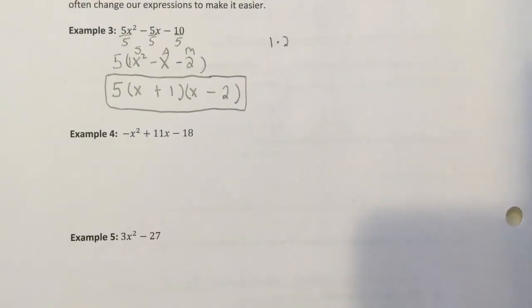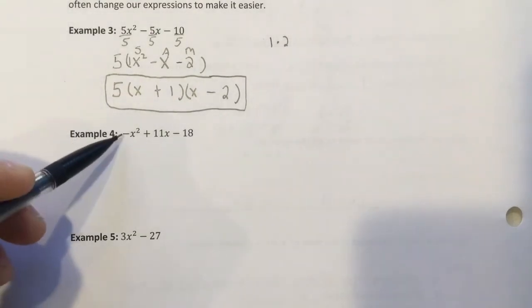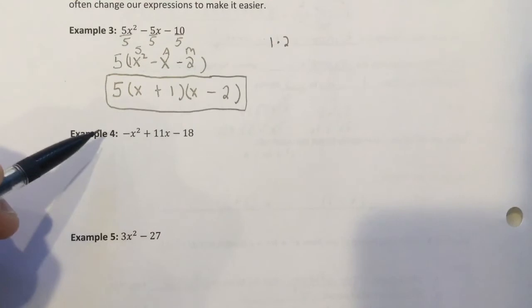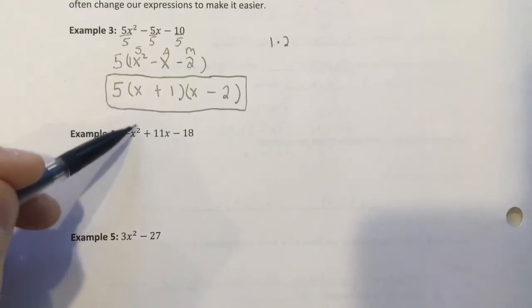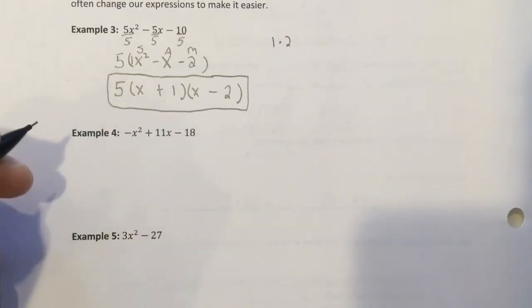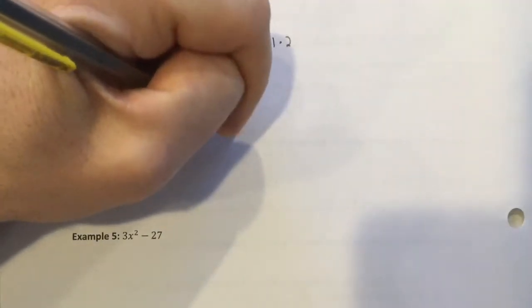For example 4, one of the things you need to know is that you can never have a negative leading coefficient. Leading coefficient means the number in front of the highest exponent. So you always want a positive leading coefficient. Make a note here.